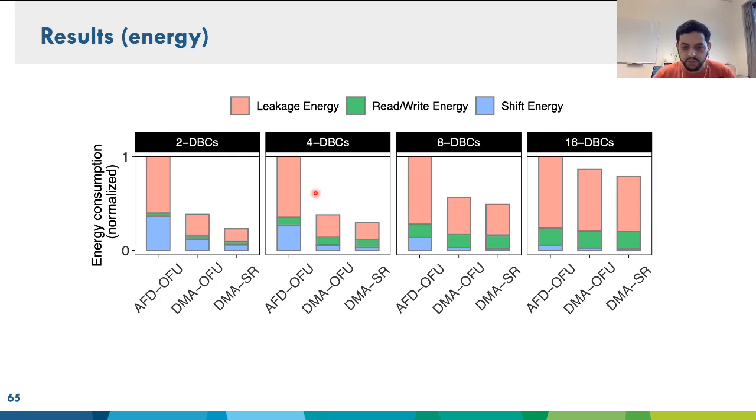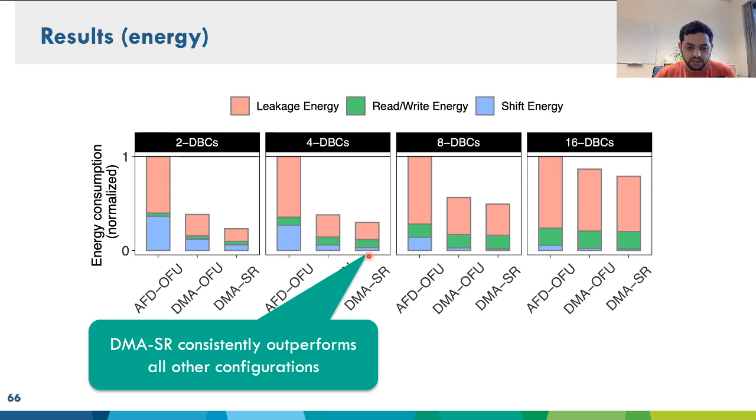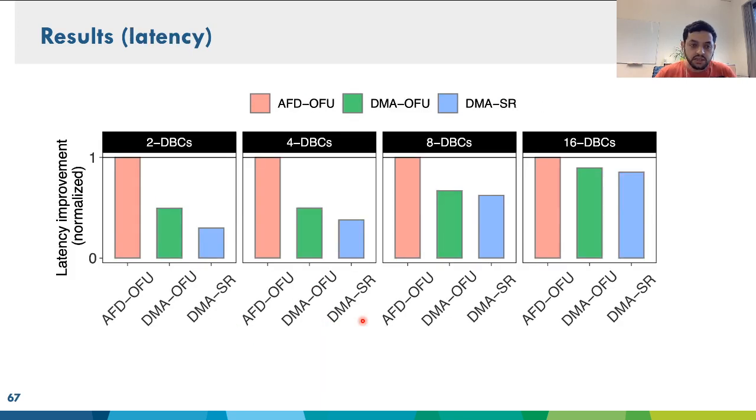The same holds for 4 DBCs, the same trend for 8 DBCs, and the same trend for 16 DBCs. The interesting thing to observe is the increasing trend in the energy, which is due to the increase in the leakage power, as is obvious from the figure. DMAs consistently outperform all other configurations.